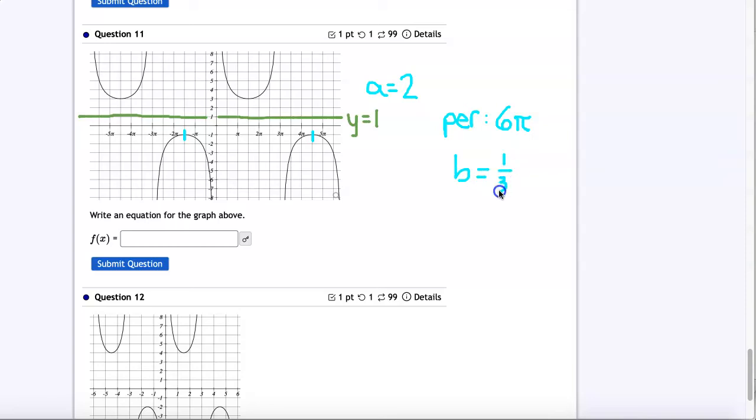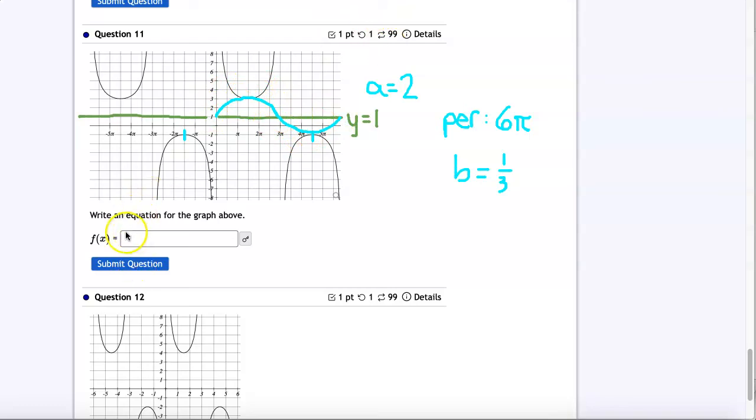And lastly, is this a sine or is it a cosine graph? Well, I'm seeing a sine graph here. Since that's a positive sine graph, that means I'm going to have a cosecant for my answer.